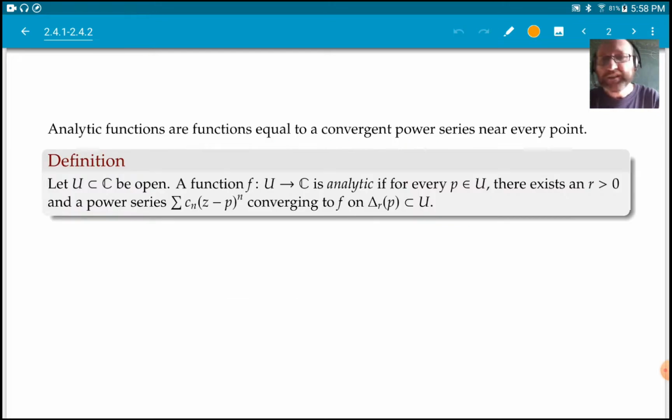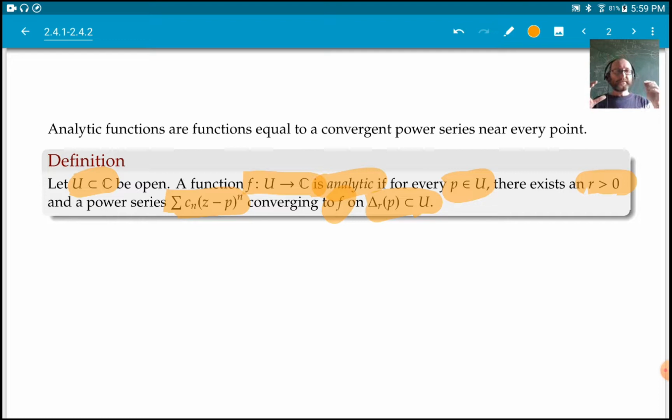All right. So what are analytic functions? Analytic functions are functions that have a convergent power series at every point. So if I have a function f defined on an open set U, then we say it is analytic, sometimes also complex analytic if you want to emphasize it, but for us we'll just use analytic, if for every p in U there is an R, a disk in U of some positive radius, and a power series that converges to f, right?